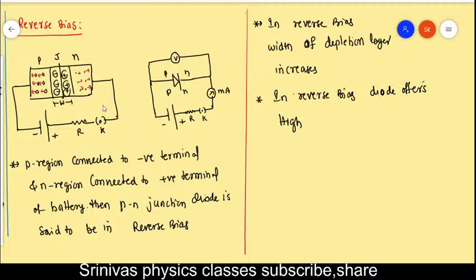Why? Actually, electrons are not crossing the junction. Holes are not crossing the junction. This is the junction; electrons and holes are not moving in this region. That's why this will become an insulator. Then this will become an open circuit, and current will not flow. So in reverse bias, the diode offers high resistance and current does not flow.